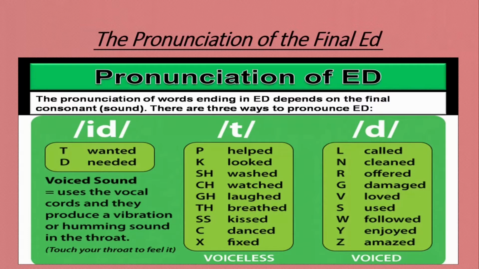With the t, there is no vibration of the vocal cords when we put the tip of the thumb on the throat when producing the sound, because the airflow goes out freely. But the vocal cords can vibrate when we produce other sounds, which are called voiced consonants.